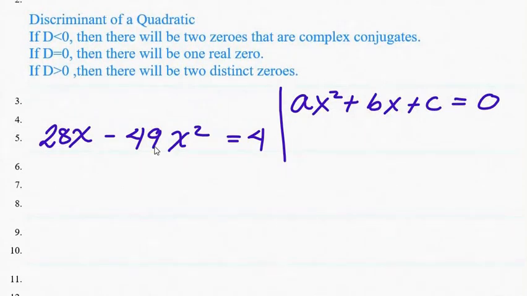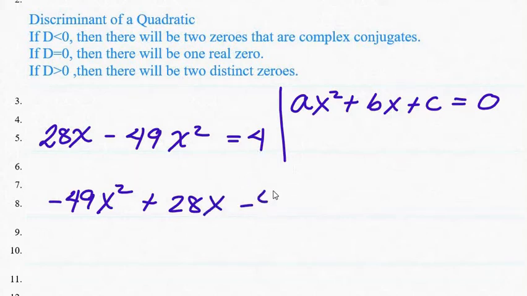And that means that we're going to rewrite it like this first. Plus 28x. Let's take this 4 over. Okay, now it's written in standard form.